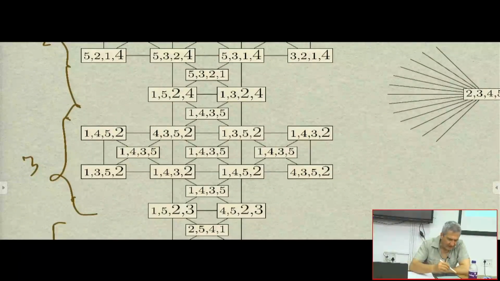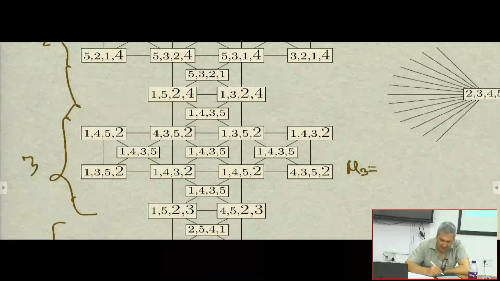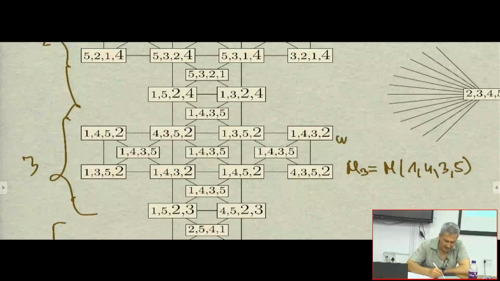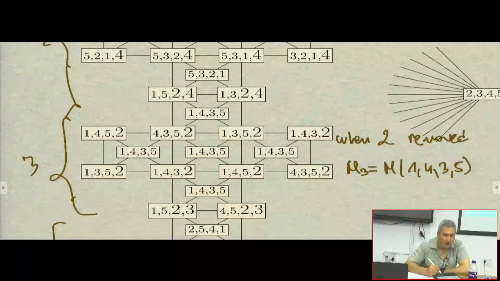Here it's M3. Then we see in the third gadget, which color appears big? 2. We ignore 4 that is big on the border, ignore 3 that is big. 2. So M3 is actually M1435 when we remove it. Okay?